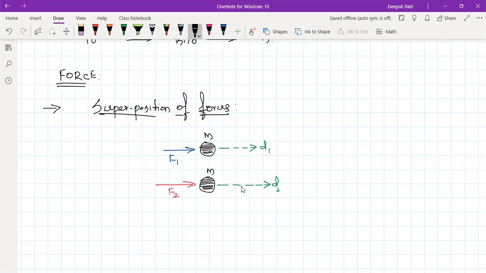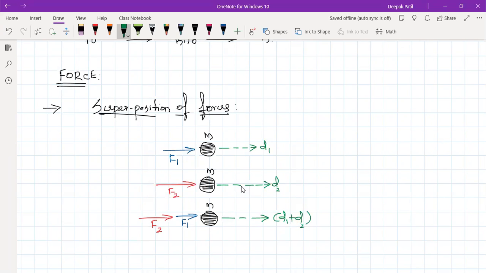Now what is the meaning of the principle of superposition of forces? It is very simple. If you take the same body of mass m and apply those same forces F1 and F2 that you applied earlier, the body will experience the same effects.